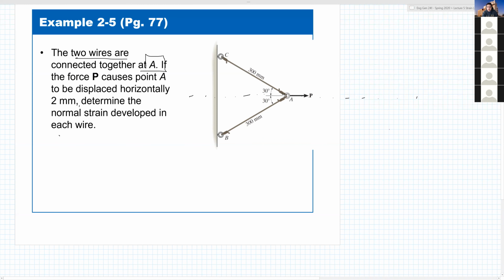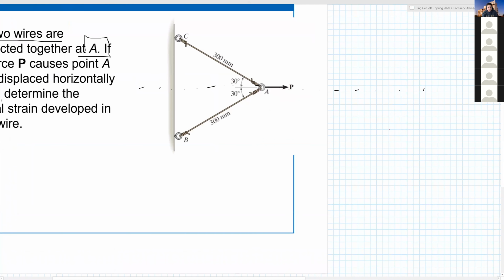So let me denote that on the actual diagram here. Let's imagine that point A displaces 2 millimeters, which is A prime. So it went from here to here, 2 millimeters.